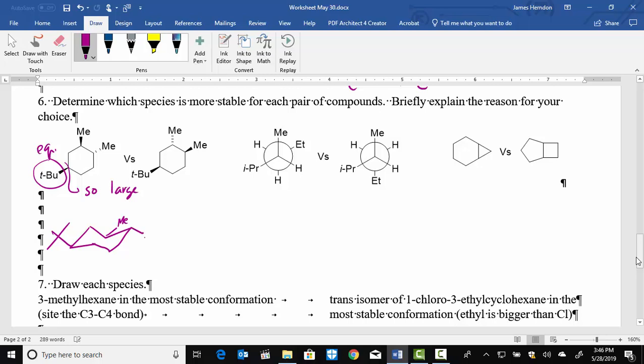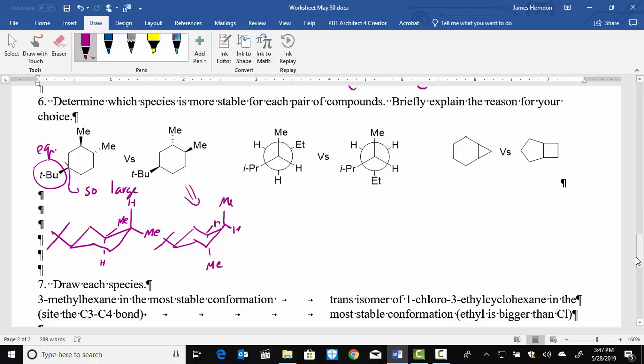This methyl is down. If we don't see the methyls all that well because they're equatorial, just remember that they're the opposite of what the hydrogens are. And in this one, T-butyls we're going to keep at the same place. Methyl, we're going to put it down. Here we're going to put methyl up.